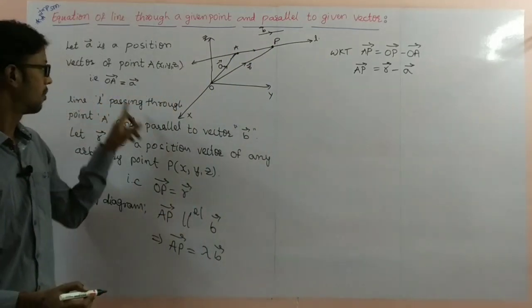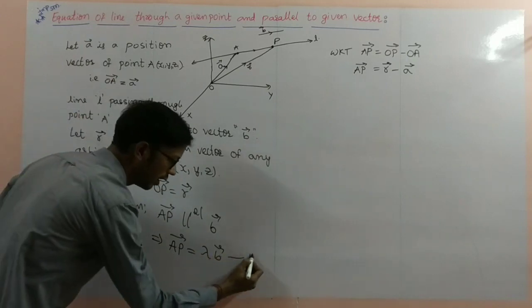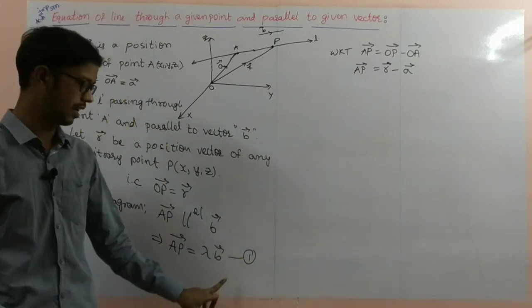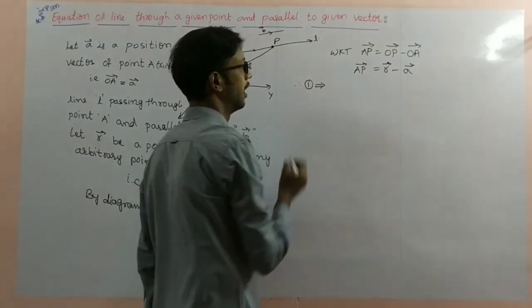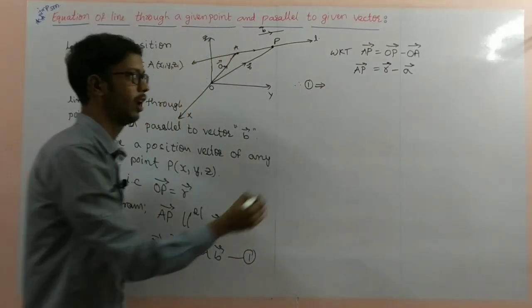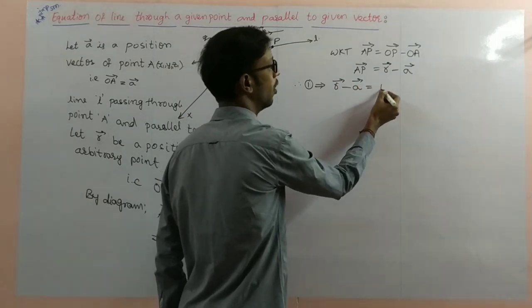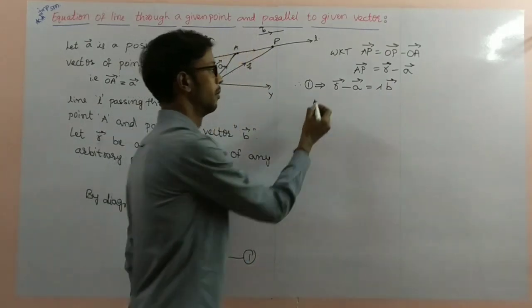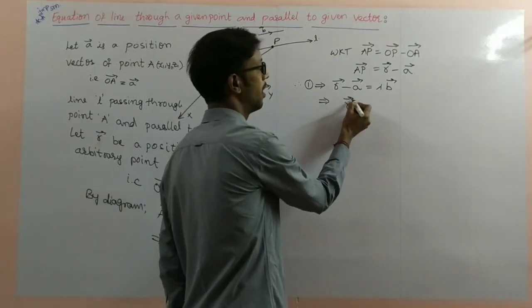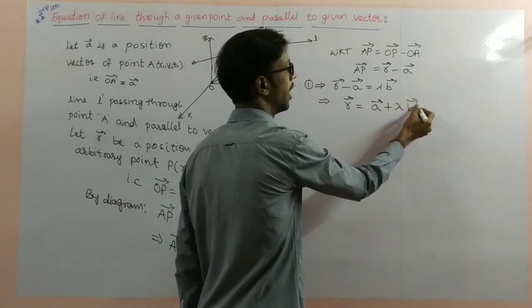Take this as equation 1. Therefore, substituting the AP bar value in 1, R bar minus A bar equals lambda B bar. This implies R bar equals A bar plus lambda B bar.